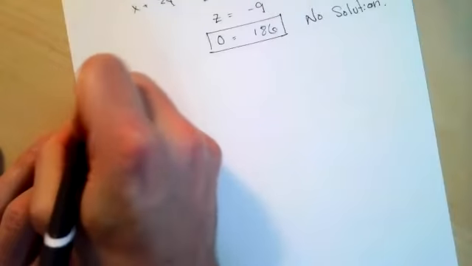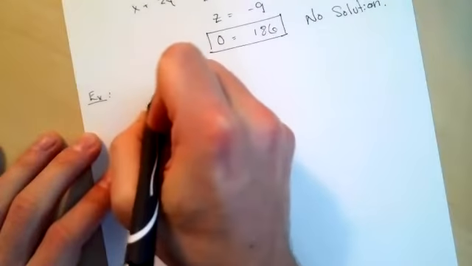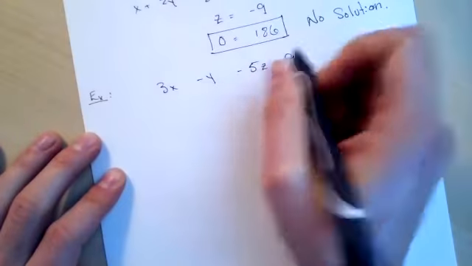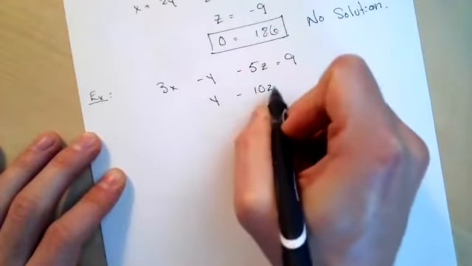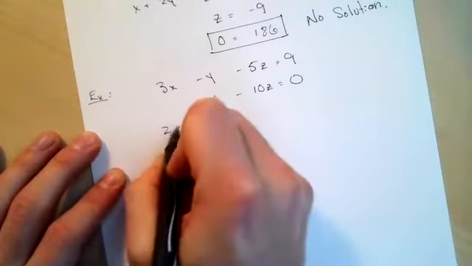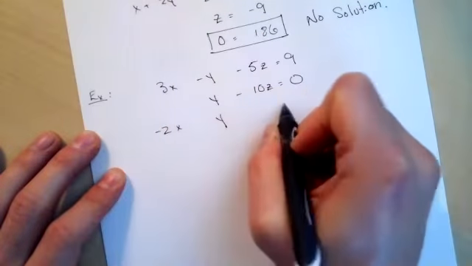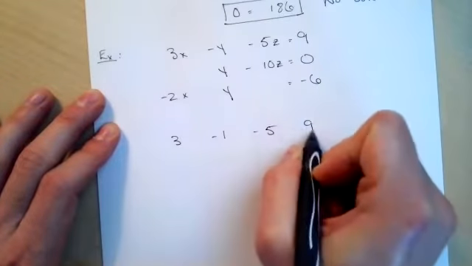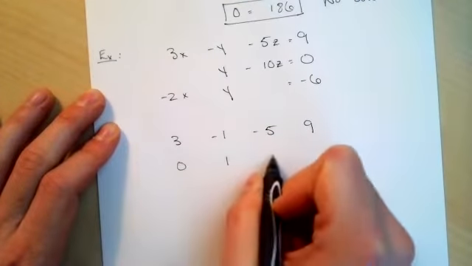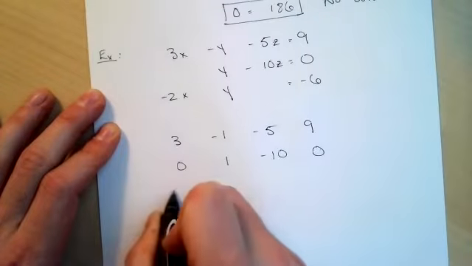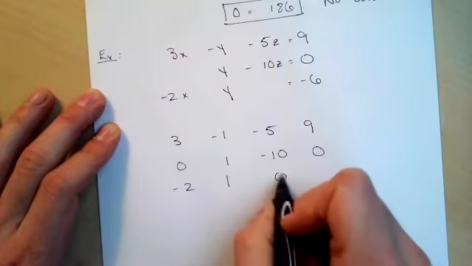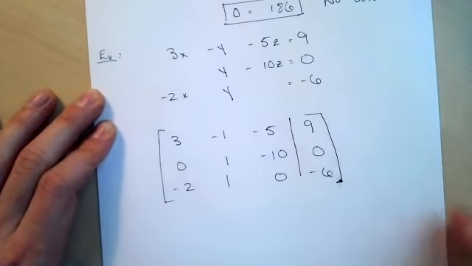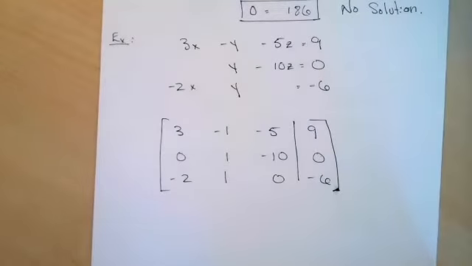So we've got 3x minus y minus 5z equals 9, y minus 10z equals 0, and minus 2x plus y equals negative 6. So we write our augmented matrix.